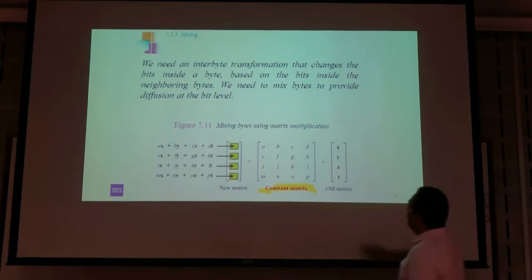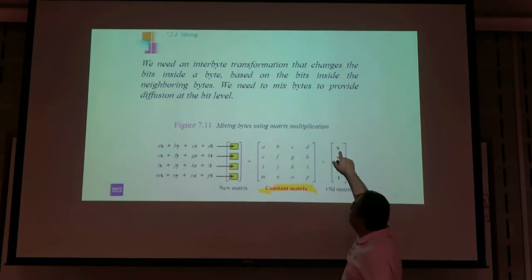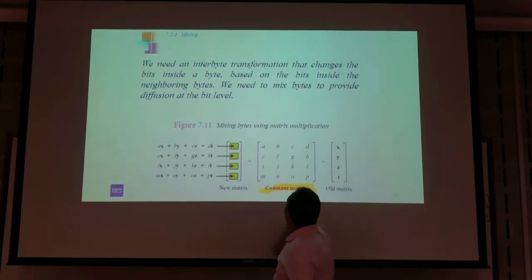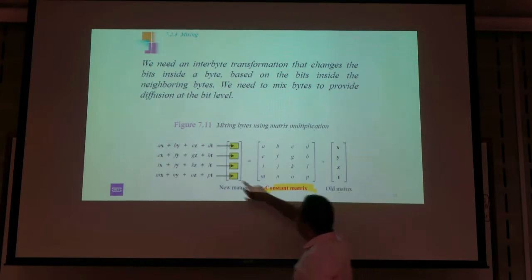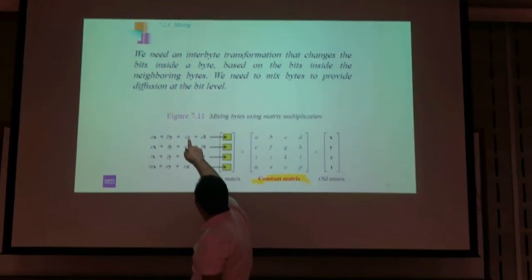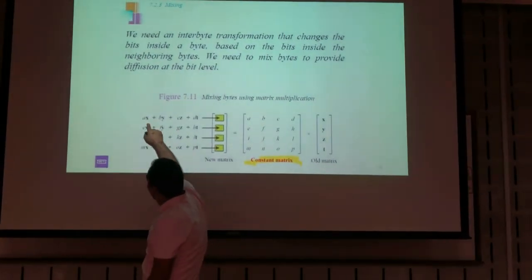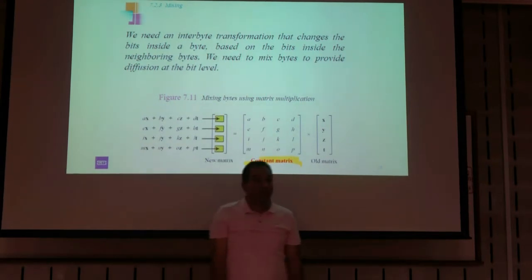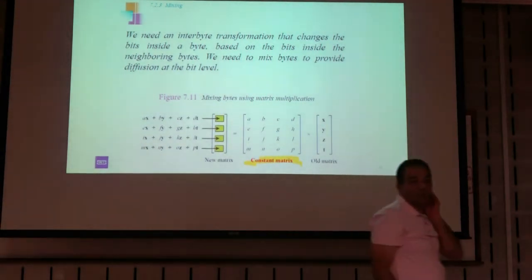So for example, who contributed to the new value of X? D and T and C and Z and B and Y and A and X. 8 elements contributed to the new value.